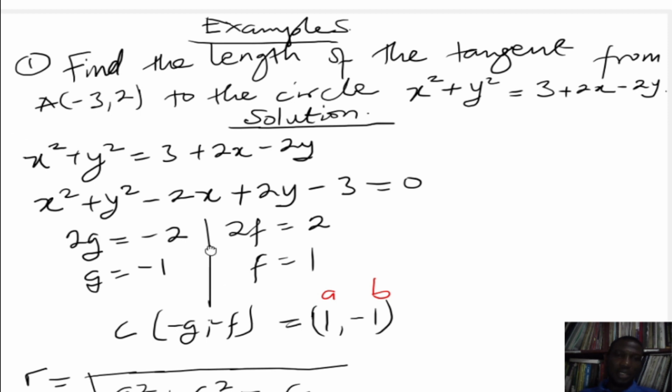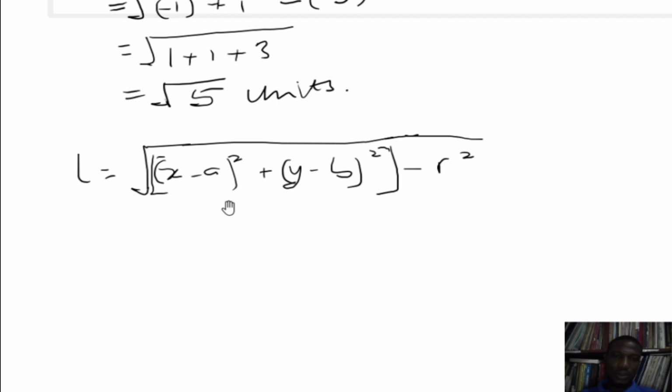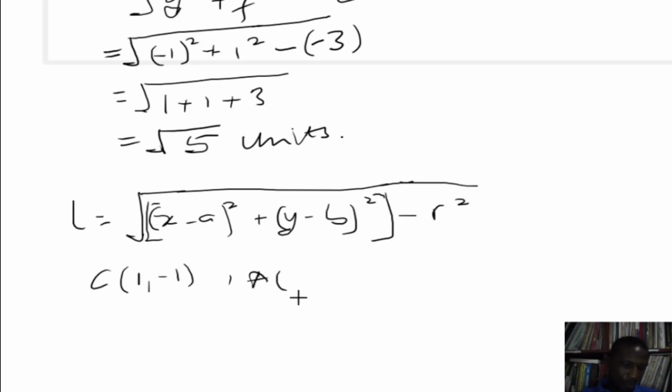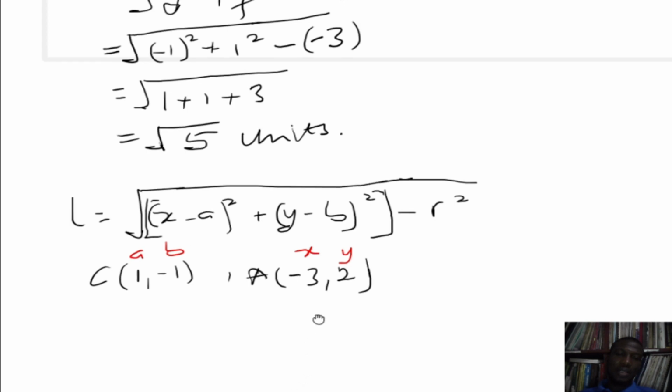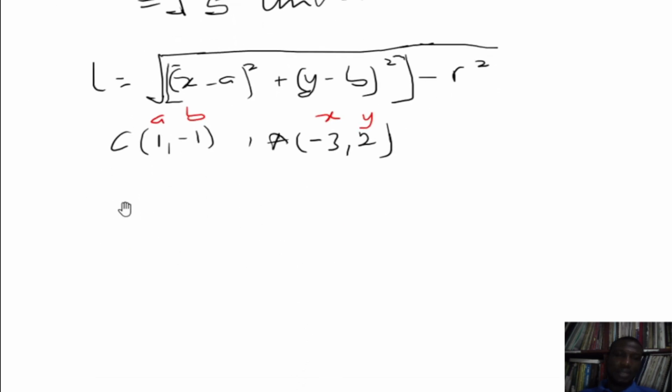So let me even write it closer to what I'm doing. So again, the center of our circle will be a, b, and then here will be x, y, the coordinate of the point outside the circle. And let me just quickly add our r, which is square root of 5.